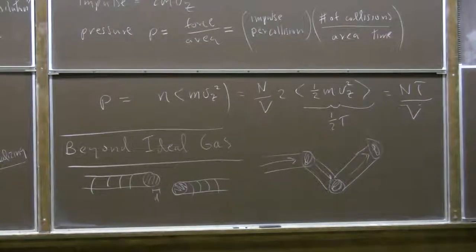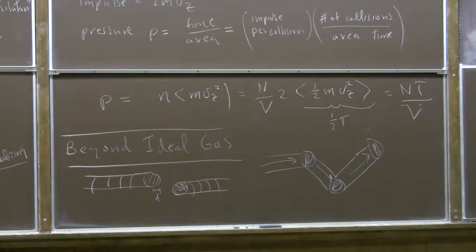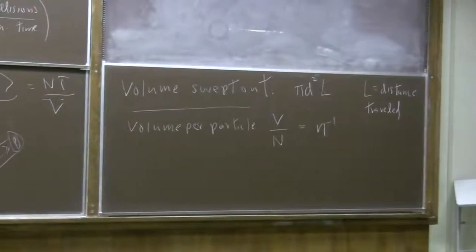Well, if it moves a distance L, the volume per particle, total volume available divided by the number of particles, is 1 over the concentration by definition. So the number of collisions is going to be the typical number of particles contained in the volume occupied by this cylinder. Okay.